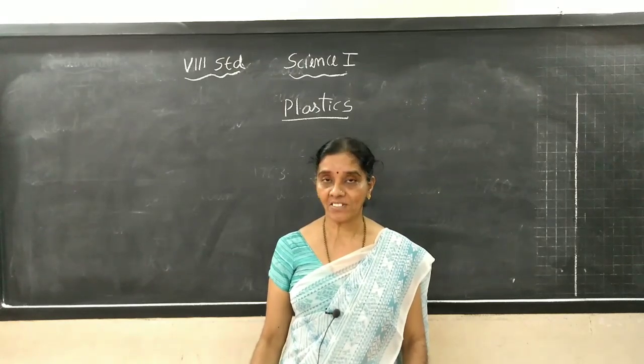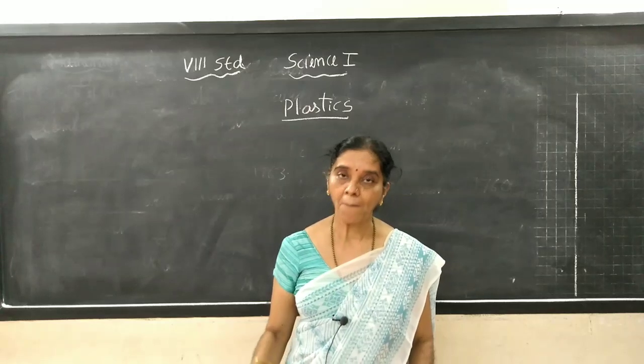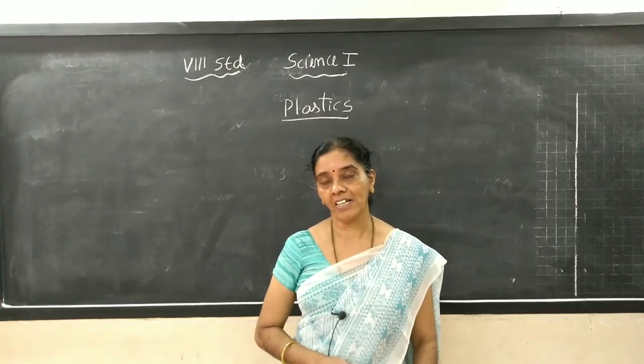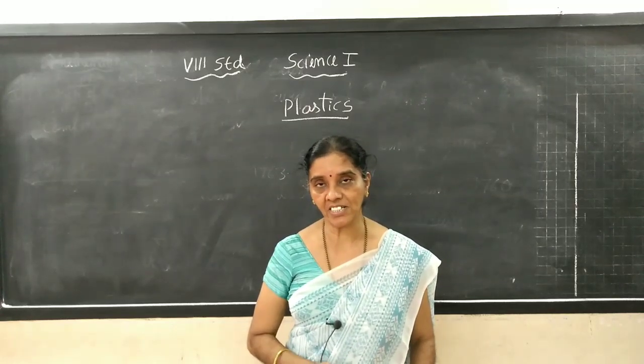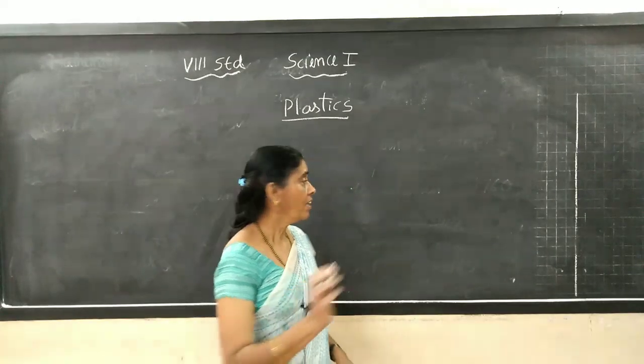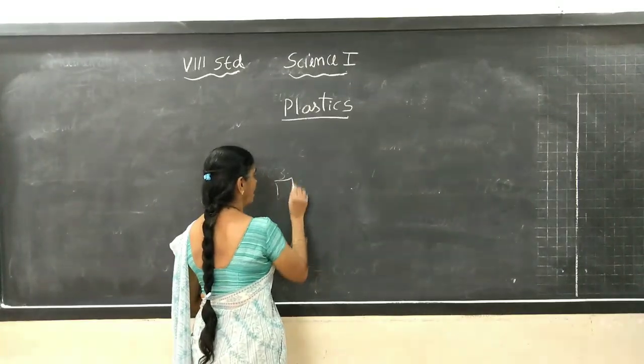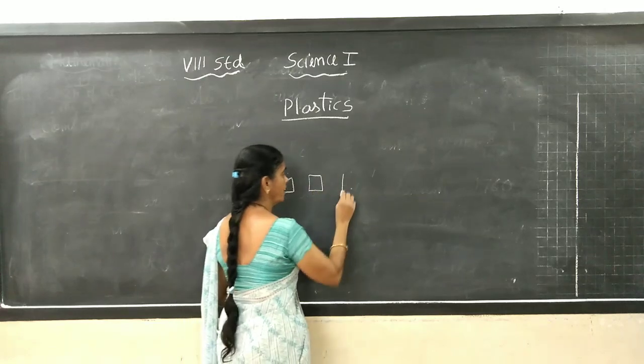Now, what are plastics? How are they made? Plastics are also polymers, and the units they are made of are arranged in different ways.